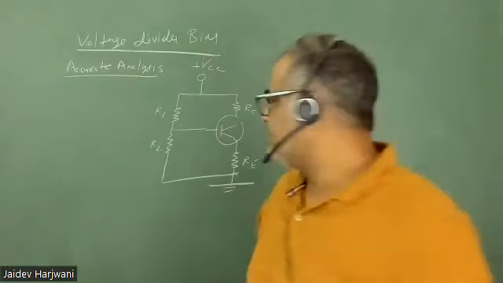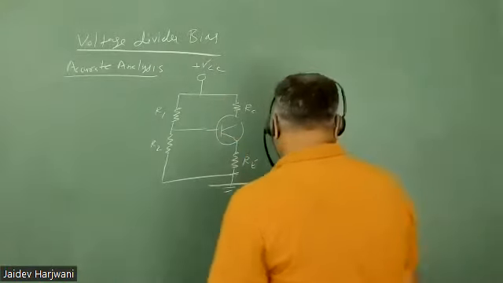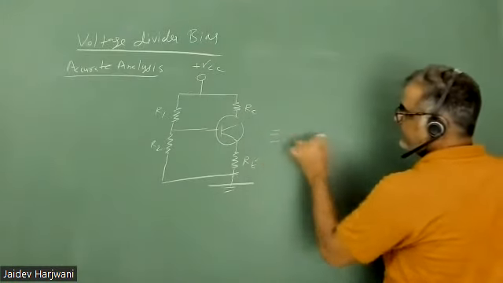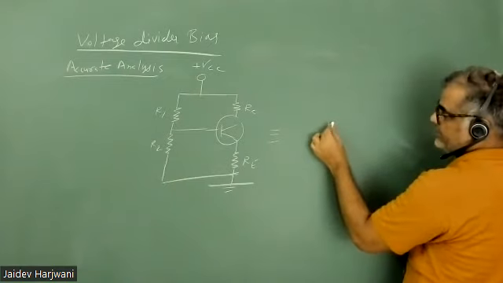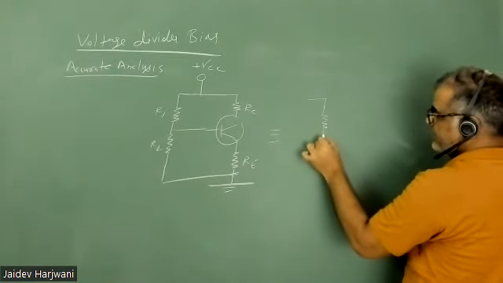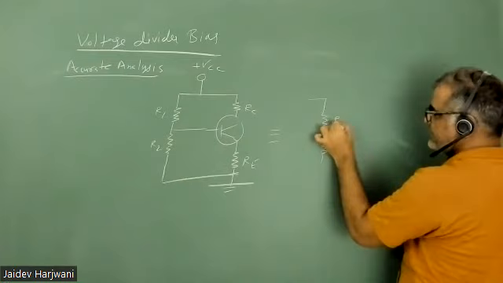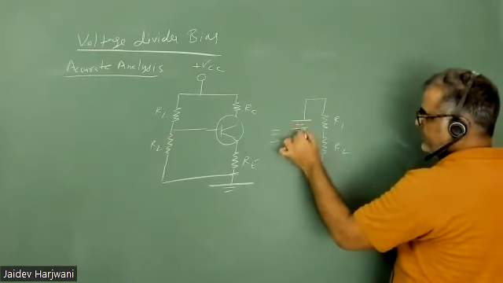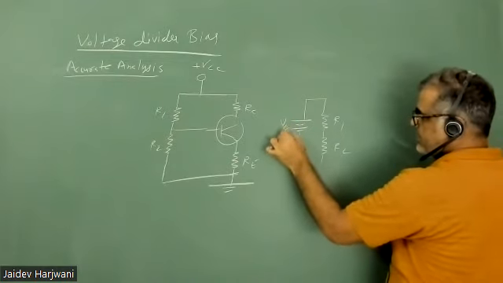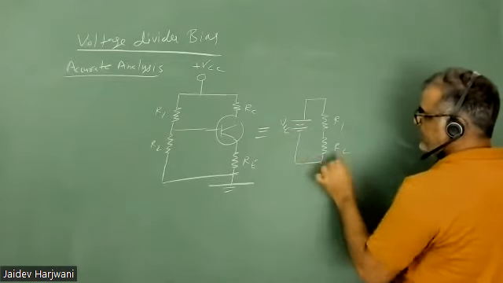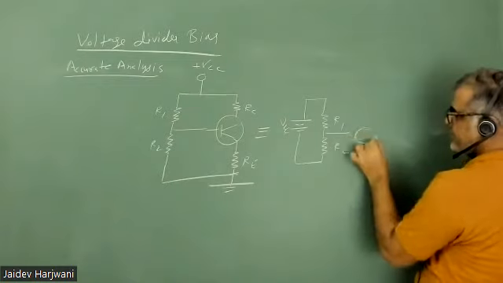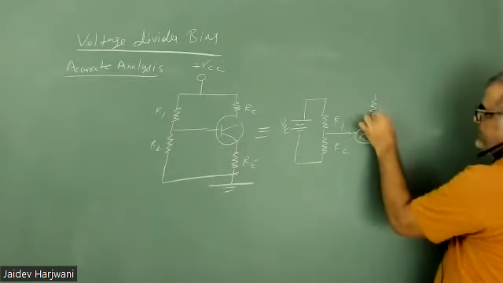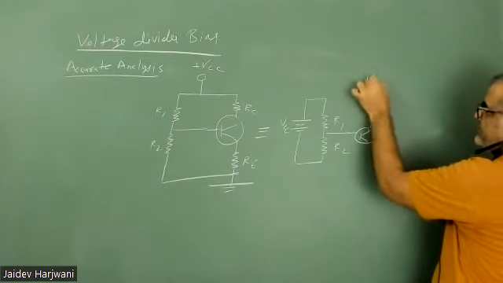Now, in order to do this analysis, I can assume this circuit. R1 is this one, R2 is this one, and this is my VCC. Here the transistor is connected, and here RC, here you have plus VCC.